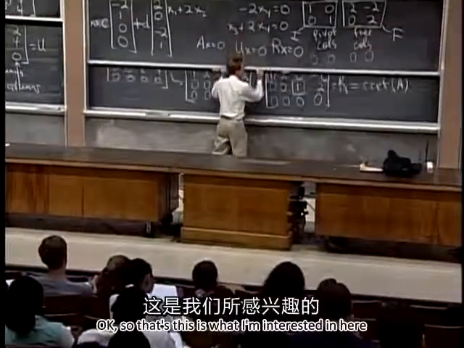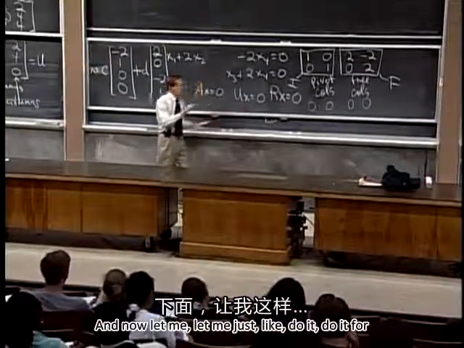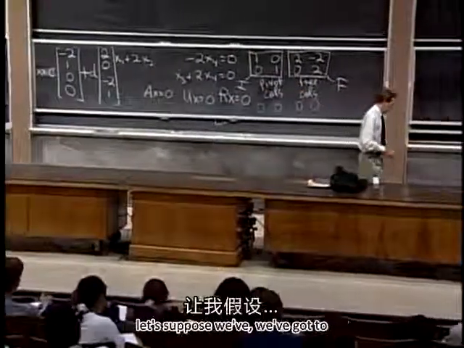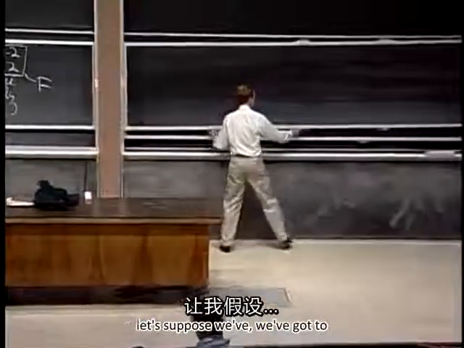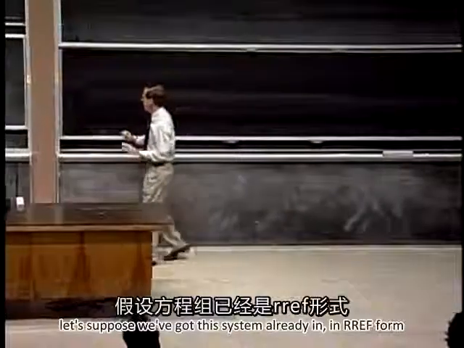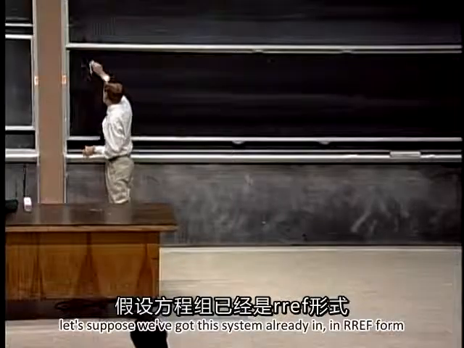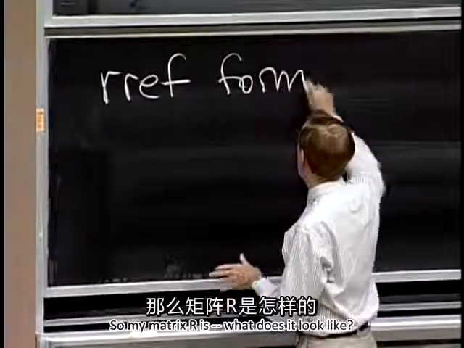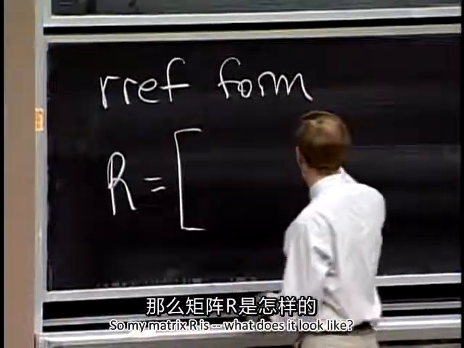Okay, so this is what I'm interested in here. And now let me just do it for, let's suppose we've got this system already in its RREF form. So my matrix R is, what does it look like?